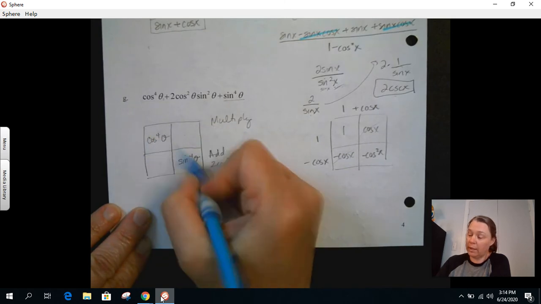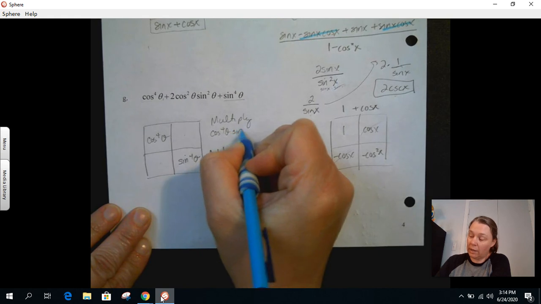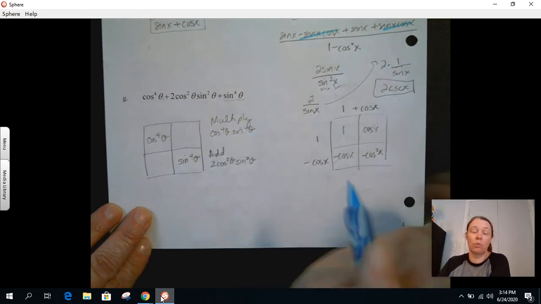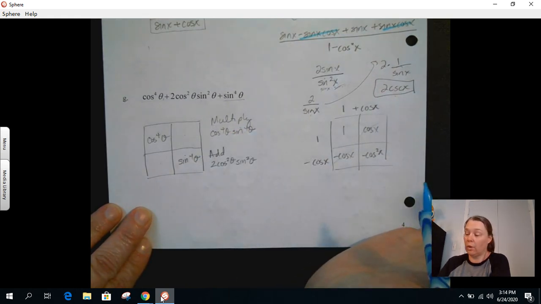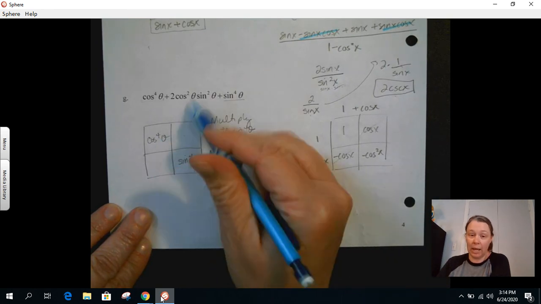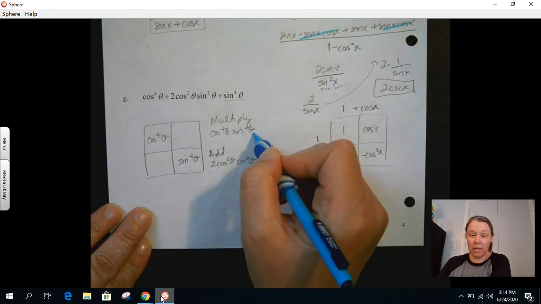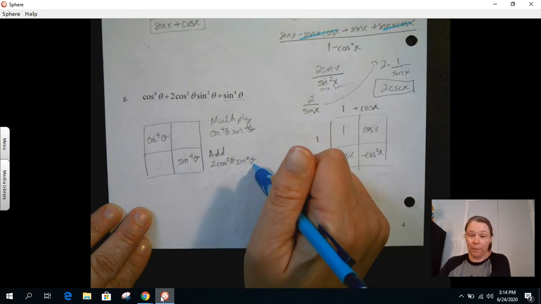So if I multiply these together, I get cosine to the 4th theta times sine to the 4th theta. That's just always the rule when we factor with the box. The diagonals have to multiply to be the same thing. This diagonal has to add to be your middle. So you want to think about what terms will multiply to be cosine to the 4th, sine to the 4th, but then add to be this.